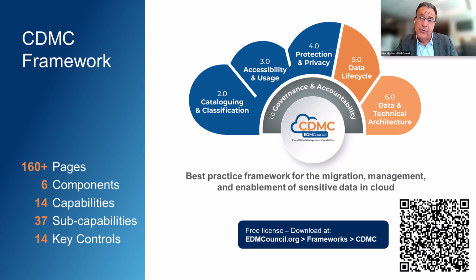There, it had a principle that said anything and everything ingested into cloud needs to be cataloged and classified. And if it isn't, it needs to be immediately treated as highly sensitive data and fully encrypted. Then if you do the catalog and classification properly, it sets up your accessibility and usage rights.